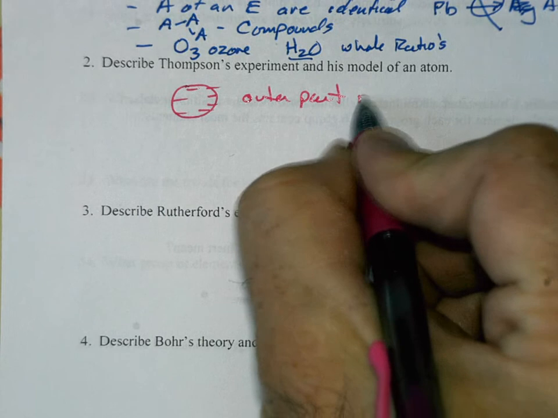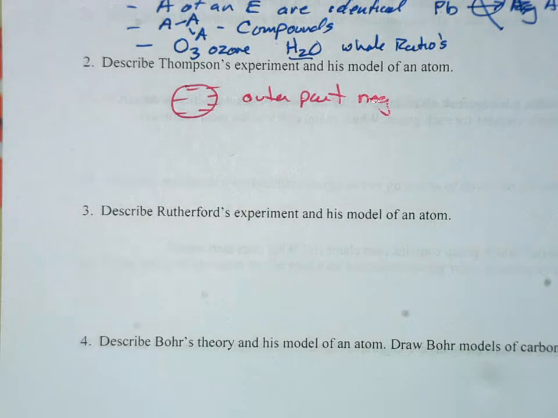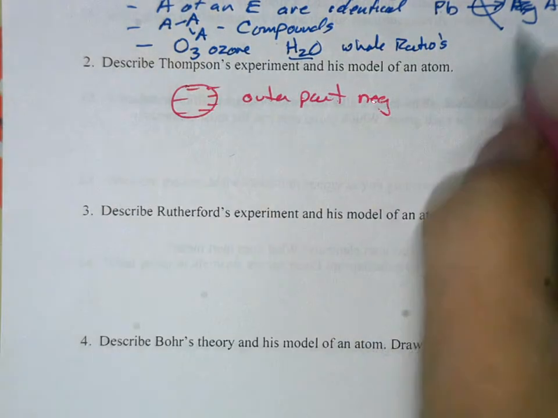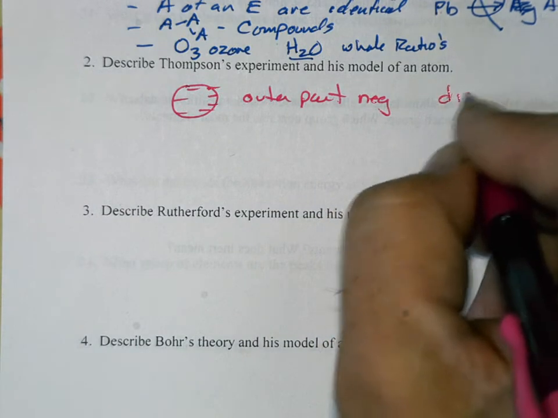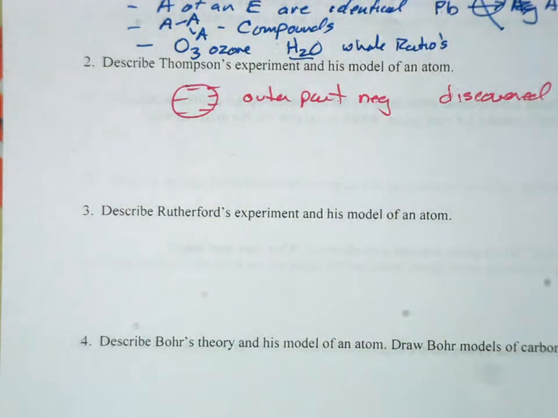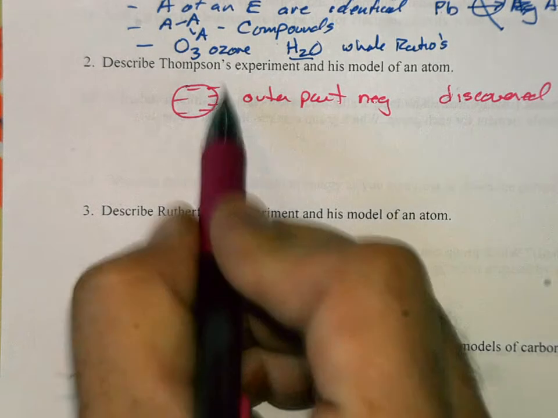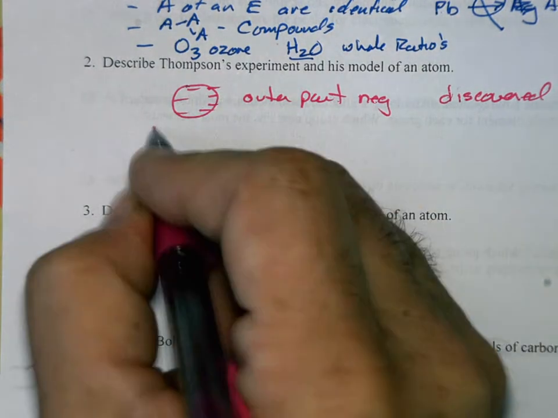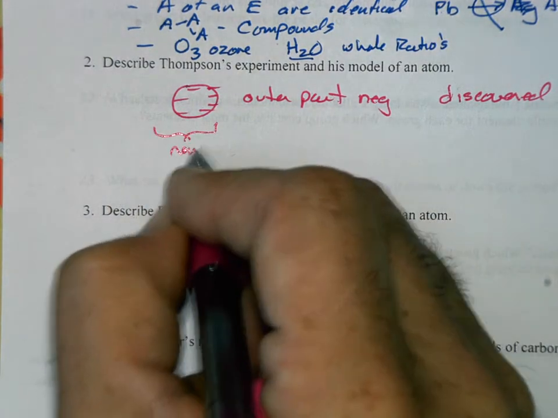So the outer part of the atom was negative. And he was credited with discovering electrons.